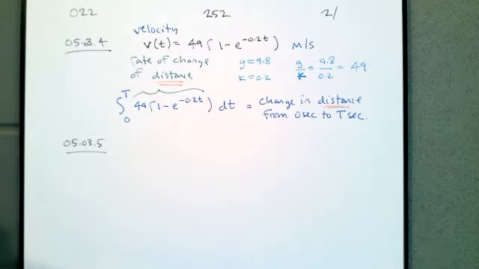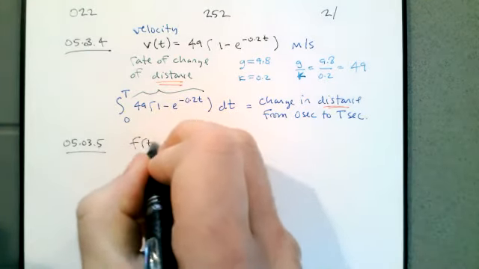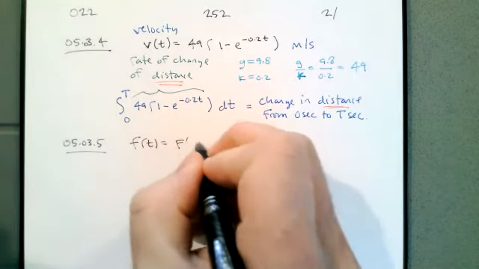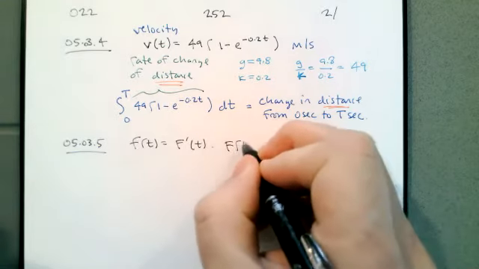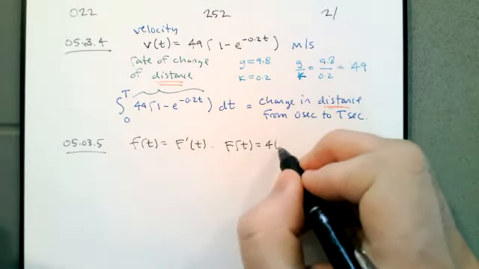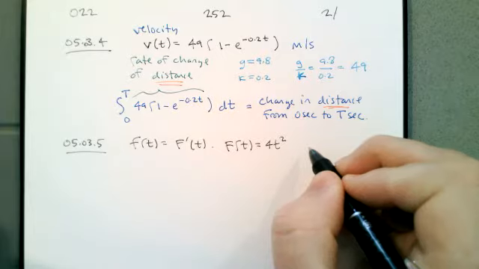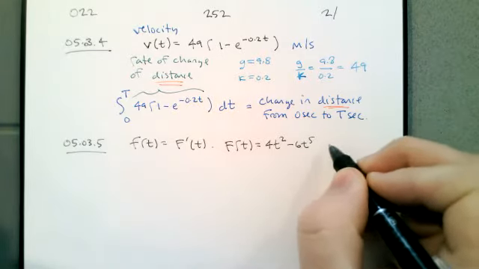So let little f be f prime. So we're going to let little f of t be f prime of t, and capital F of t is 4t squared minus 6t to the 5th plus 6t.